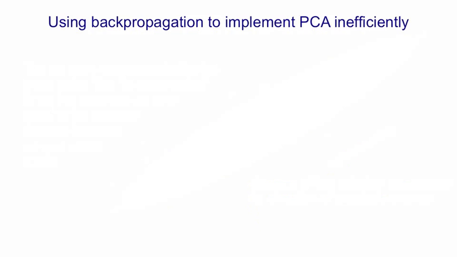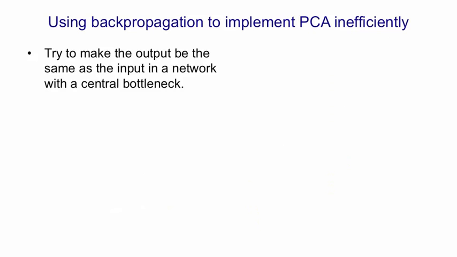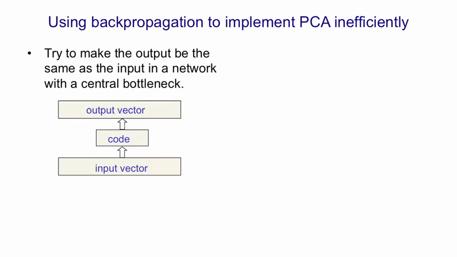Now we can actually implement PCA, or a version of it, using backpropagation, but it's not very efficient. So we make a network in which the output of the network is the reconstruction of the data, and we try to minimize the squared error in the reconstruction. The network has a central bottleneck that only has m hidden units, and those are going to correspond to the principal components, or something like them.